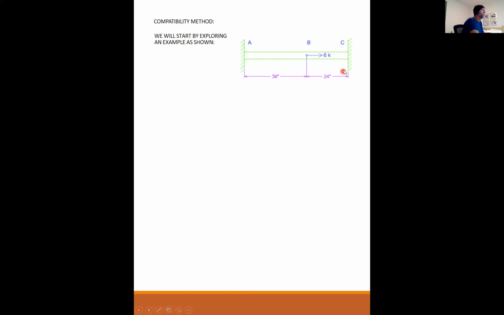It is first degree indeterminate, so we cannot solve it just using summing the forces and finding our reactions. So the area of A to B is the same as the area from B to C, 2 inches squared. Modulus is 29,000 KSI. The goal is to find the forces in the bar and the reactions.